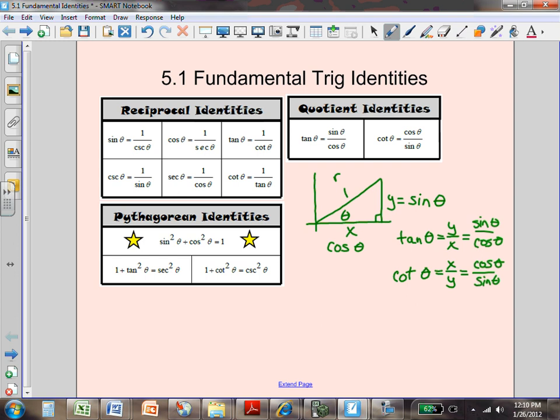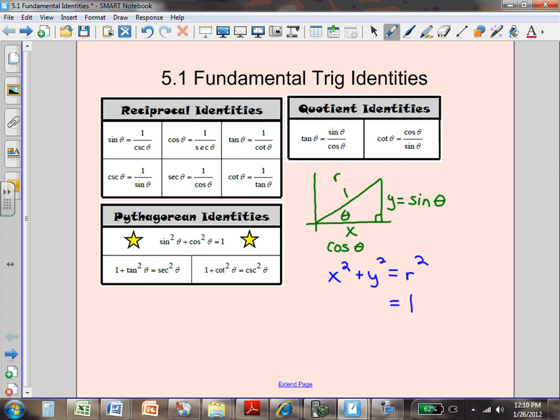Okay, now let's move on to the Pythagorean identities. We will keep using these ideas that we just had from our unit circle. We're going to be using the Pythagorean theorem. So on this right triangle here, I know that x squared plus y squared equals r squared. Well, if we're dealing with the unit circle, r is 1, so r squared is 1 squared, still 1.